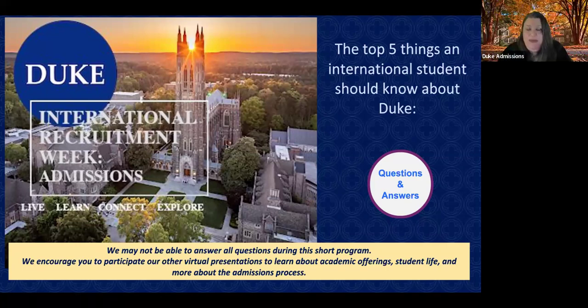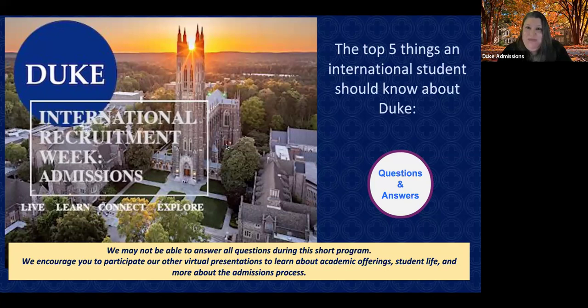So there's a question: if I apply for fall of 2025 and get rejected, would that affect my future application if I were to apply again in fall of 2026? We do see this across the board, both with domestic and international students who apply to Duke a few times if they did not get the decision they were looking for the first time. So certainly we will be looking at the fact that you did apply before. We'll be looking at the application that you submitted before. And then, of course, we're going to be looking for new information should you choose to apply again.